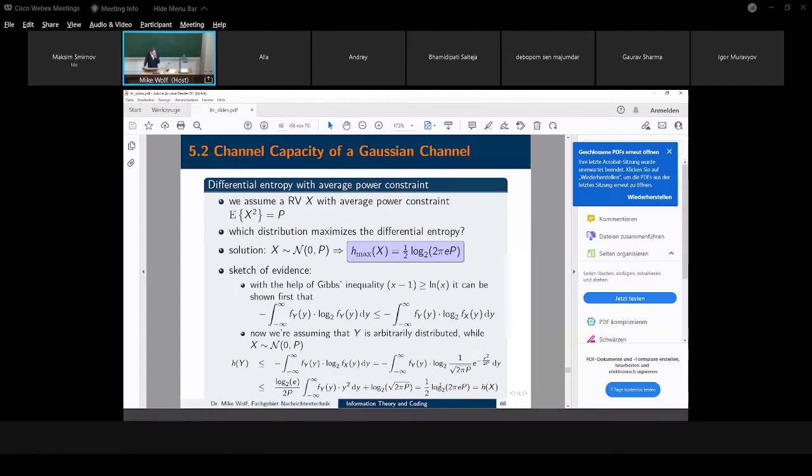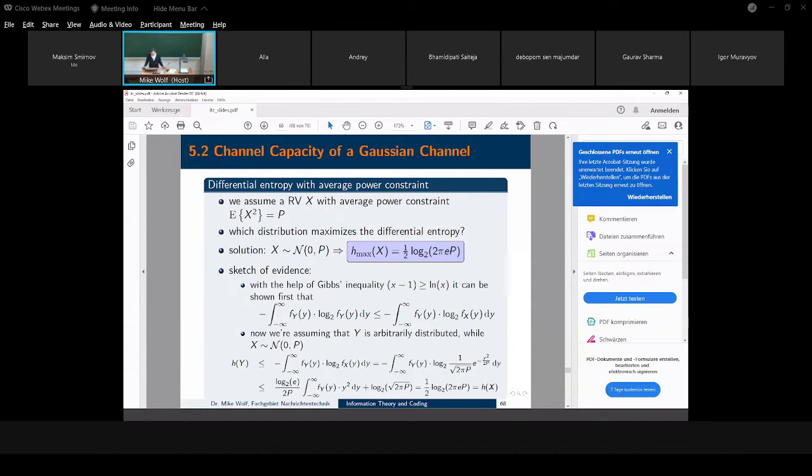Then if we end up with this expression, we just insert this distribution of x in this Gibbs inequality. And then we end up with the conclusion that the differential entropy of y is smaller or equal than the differential entropy of our Gaussian distributed random variable.